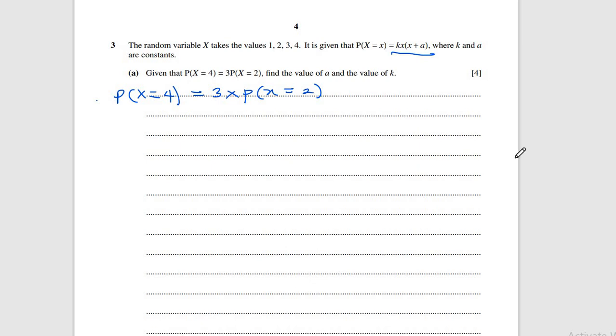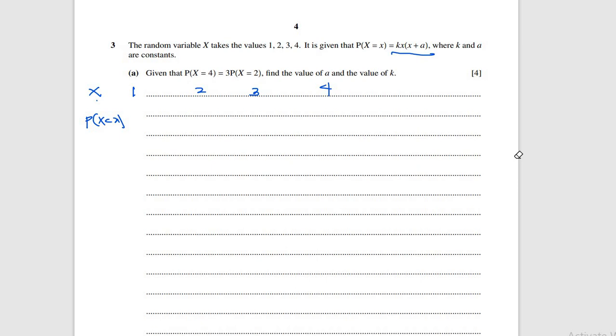Okay, wait. Let me do it like this. Let me just draw the table once and for all here. Although I wasn't asked to draw the table, I think it will make the work easier. Now, x takes the values 1, 2, 3, 4, and the probability of x equal to x.